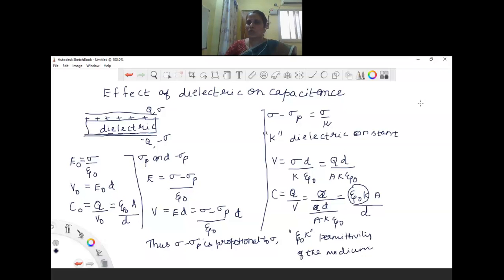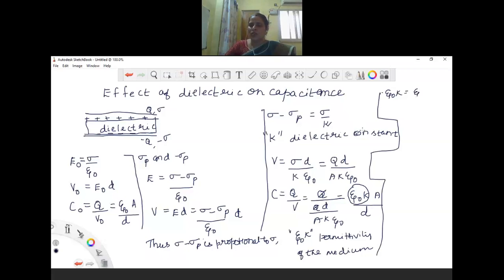So epsilon naught K is equal to epsilon.